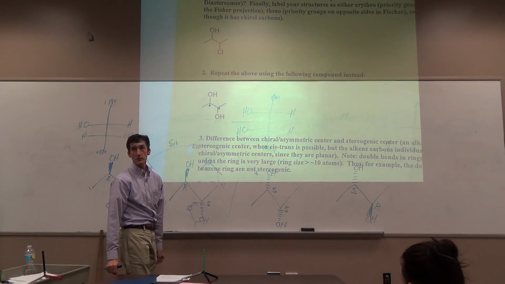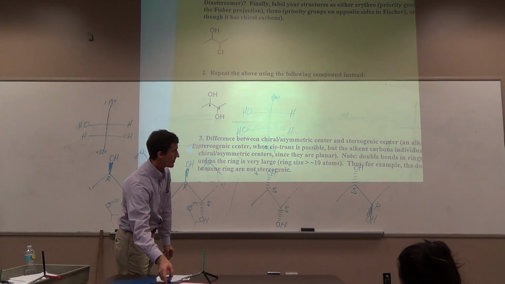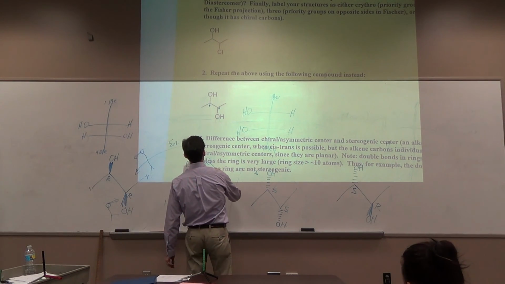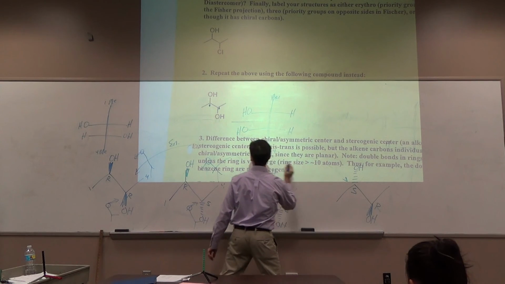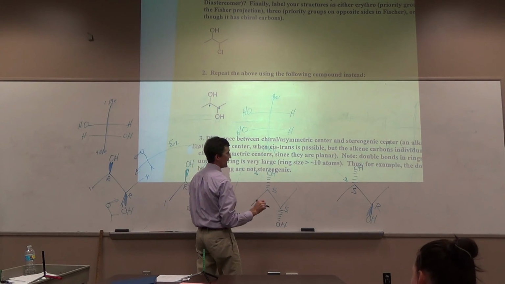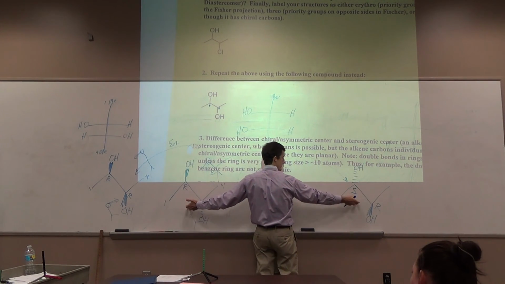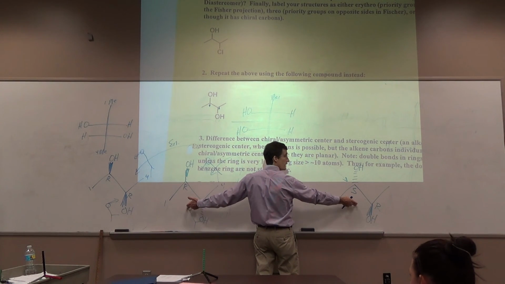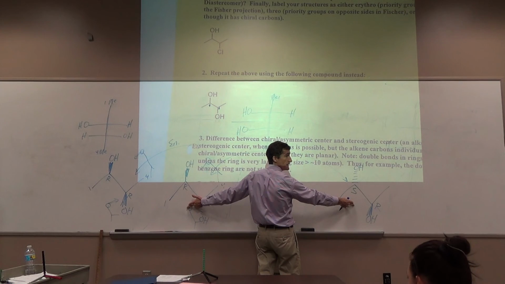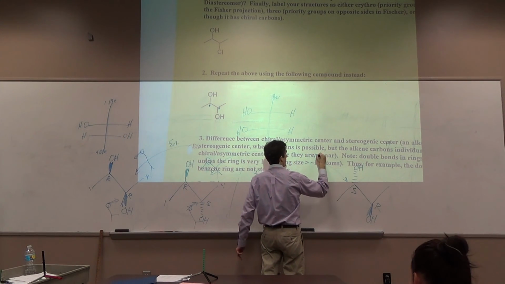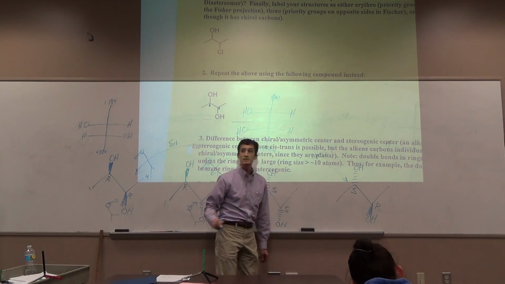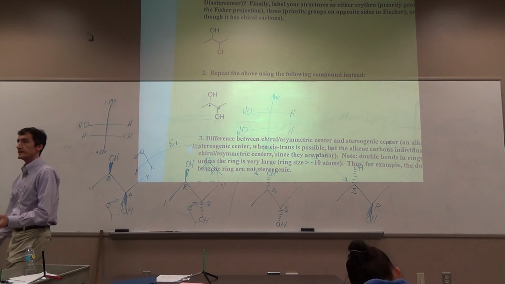That's the same compound over there. So these two, is this a DL pair? No. This is only one compound. What do you want to call this compound? That's a meso compound. The mirror image is the same thing.